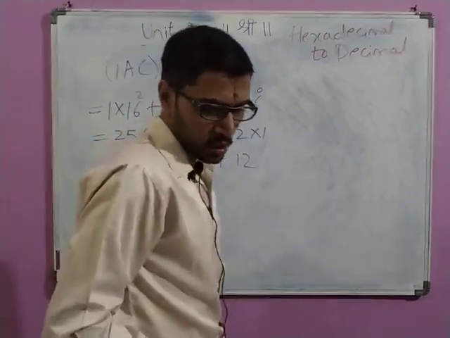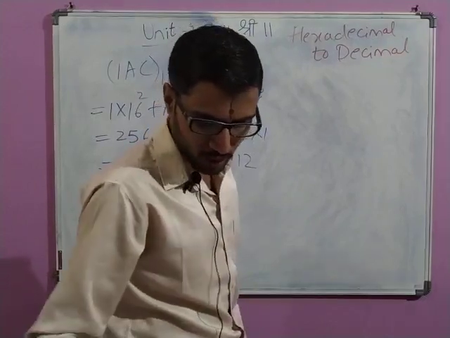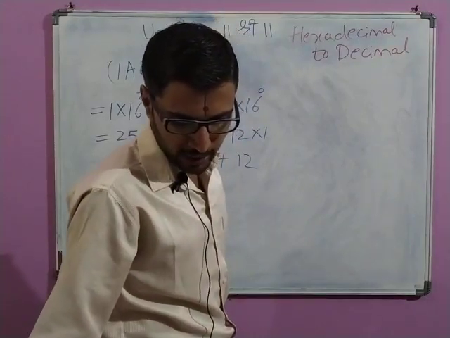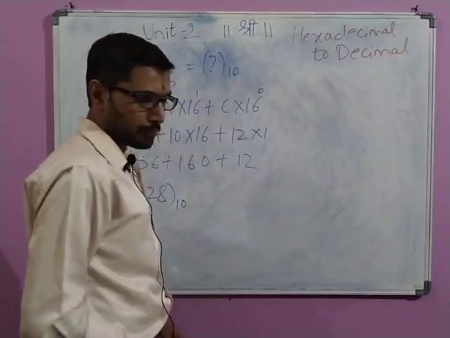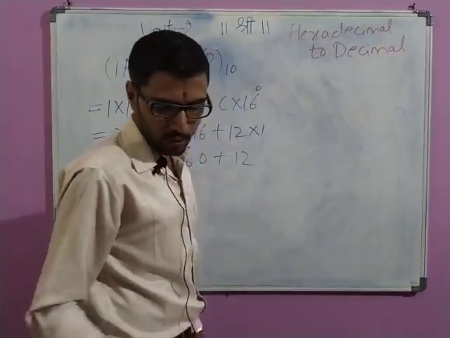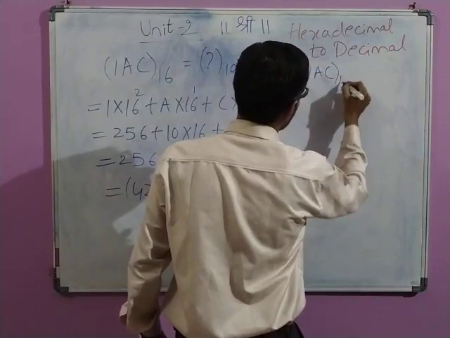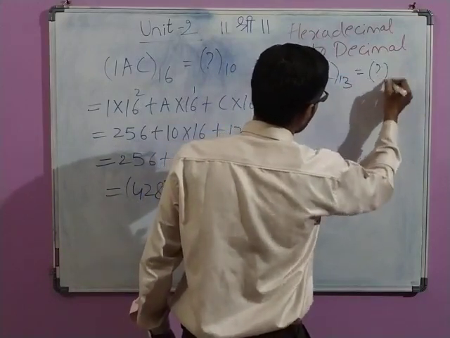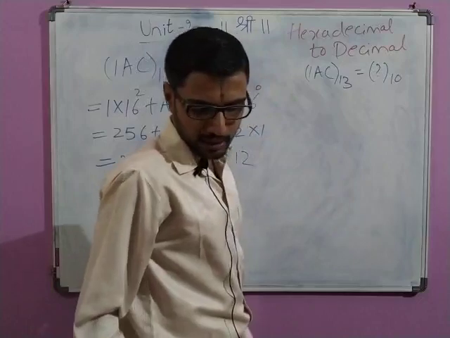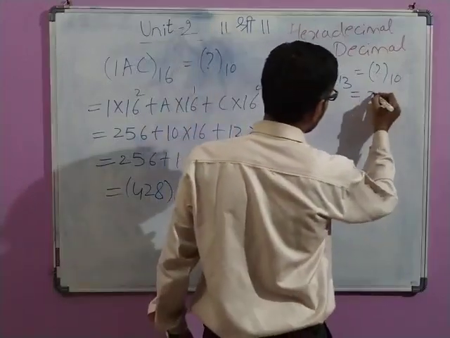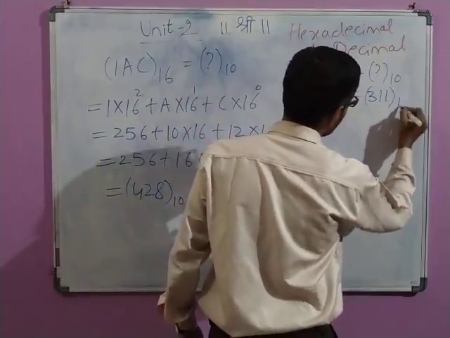Let us take one more example. If you compare this with the previous example, we considered the same digits, 1AC to the base 13, question mark to the base 10. And the result that we obtained was 311 to the base 10.